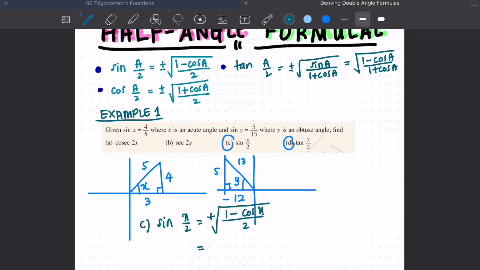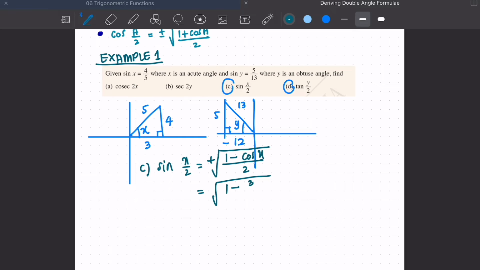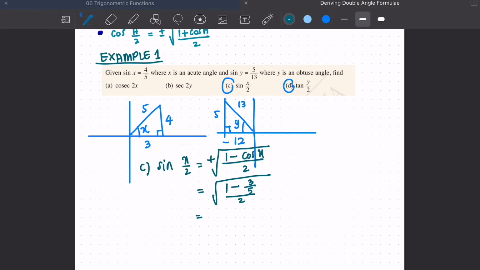Cos x is adjacent 3 over 5, so 1 minus 3/5 divided by 2. When we calculate, 5 minus 3 is 2, so 2/5 divided by 2 gives the square root of 1/5. Right, so this is for the first.